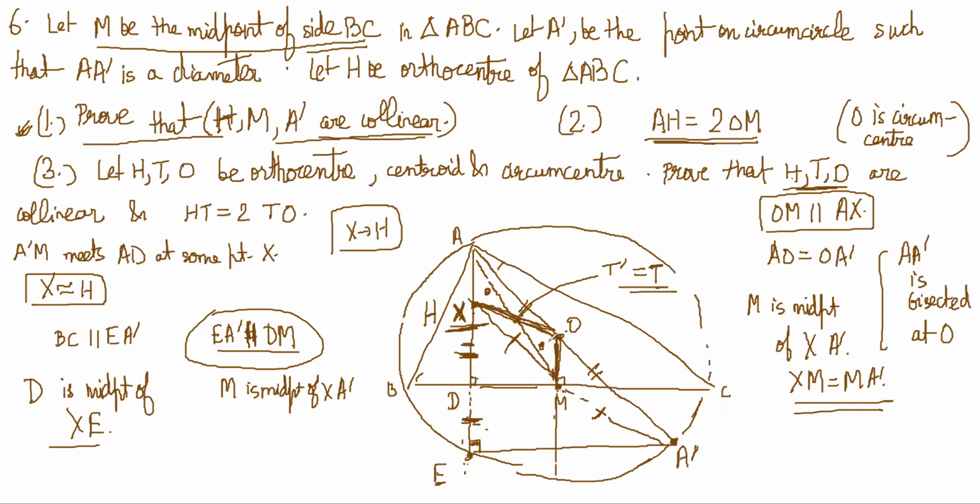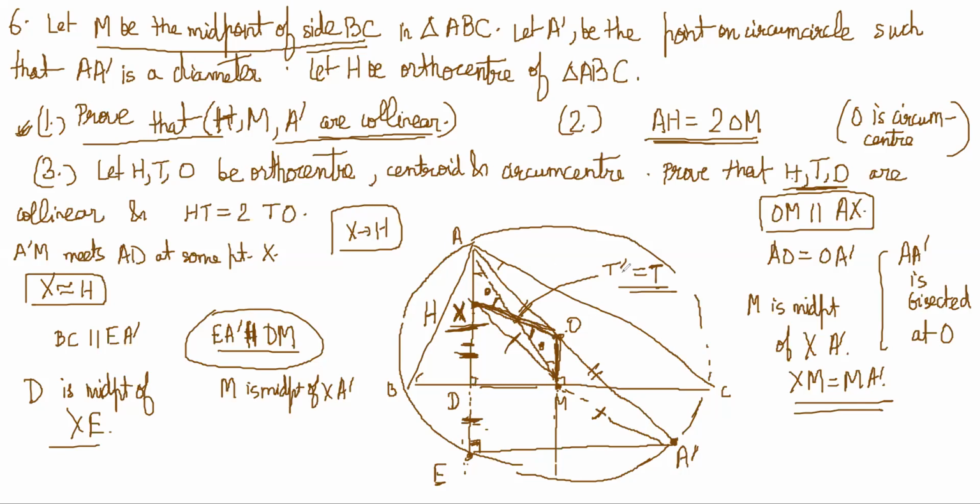The lines are parallel, so many angles are matching. Two angles: vertically opposite is also done, and parallel lines. That's it, right? So these two triangles are similar.